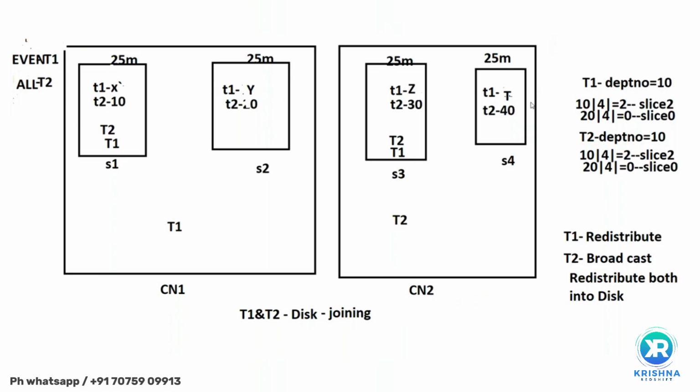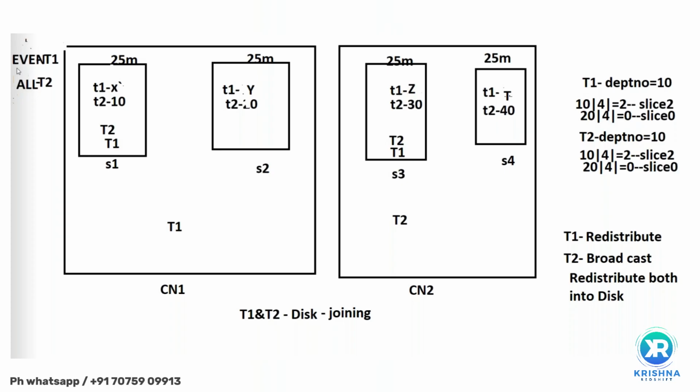At that time we see two big tables. Let's say both are even, or one is even and another one is key, or both are keys but not on the same joining column. For example, customer table distributed based on customer ID and orders table is distributed based on order ID.